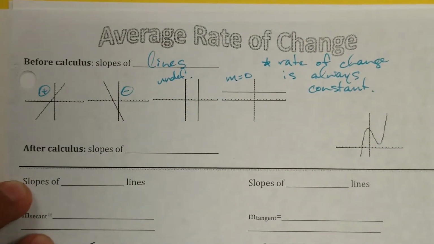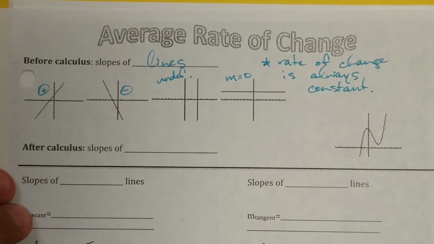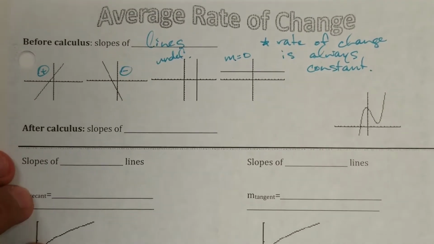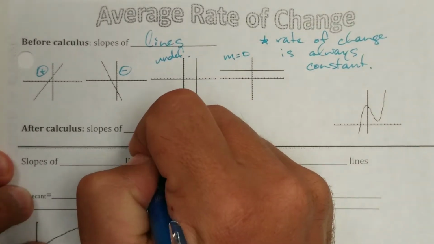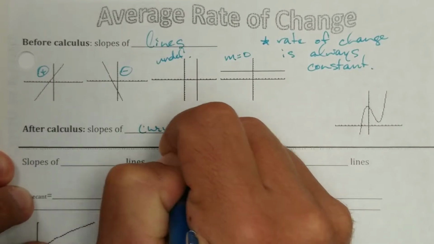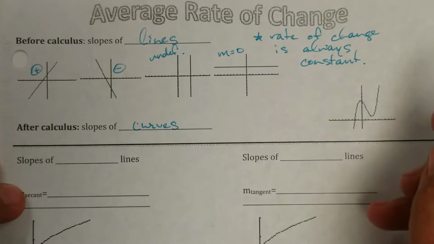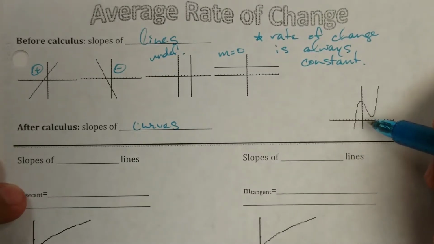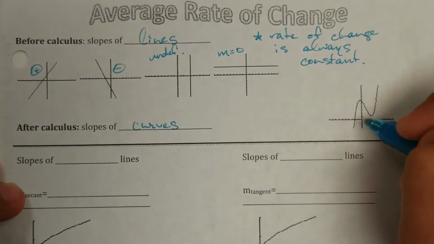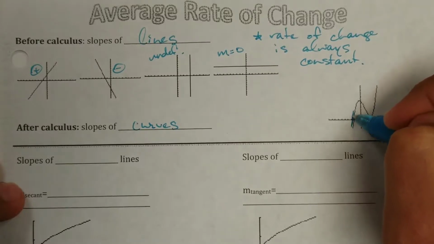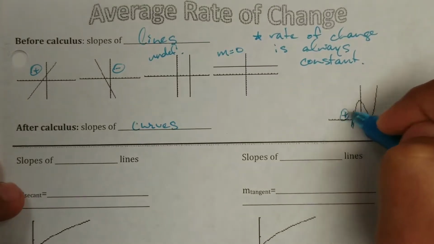Okay. And then once you know calculus, so after calculus, we start to talk about slopes of curves. So if you look at my picture over here on the right side, you'll see that the slope of a curve is always changing. So right here, we have an increasing slope.